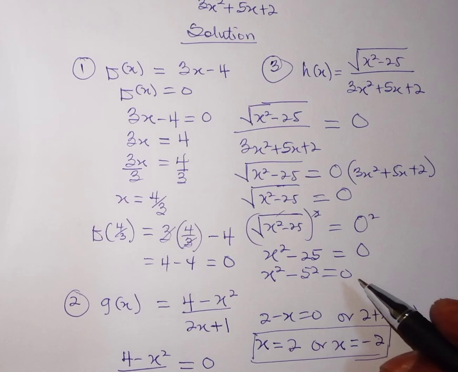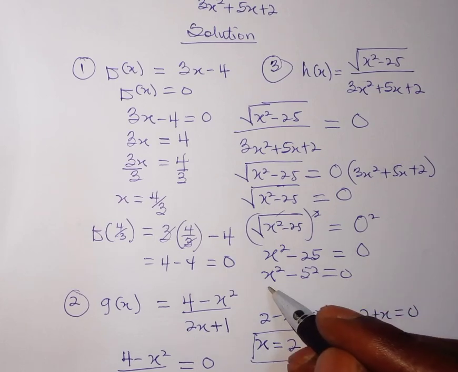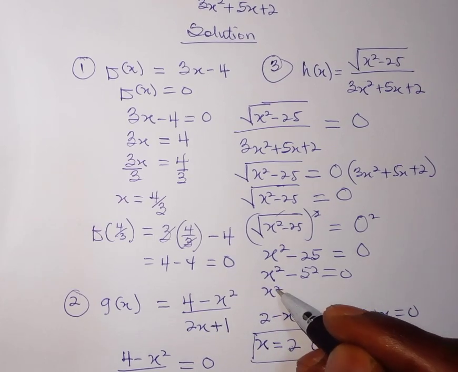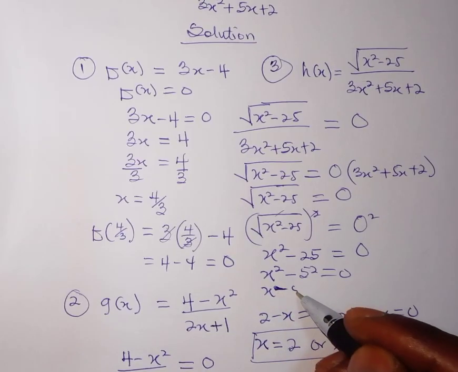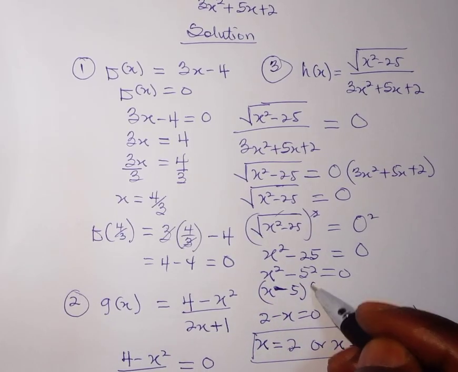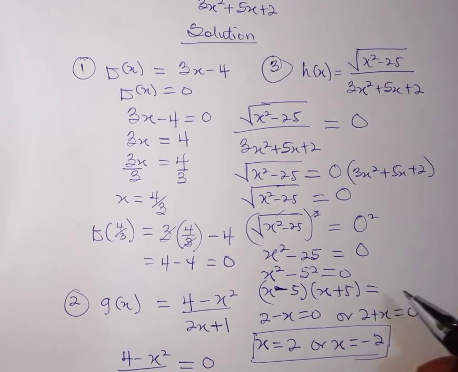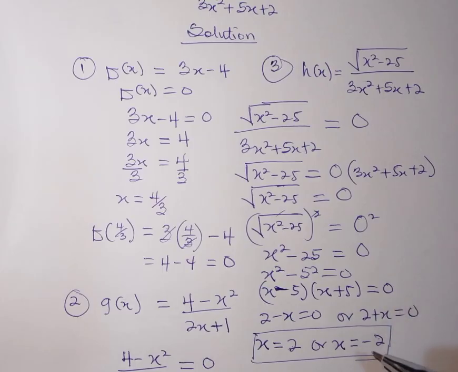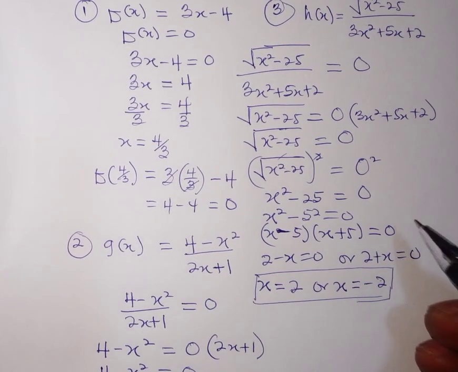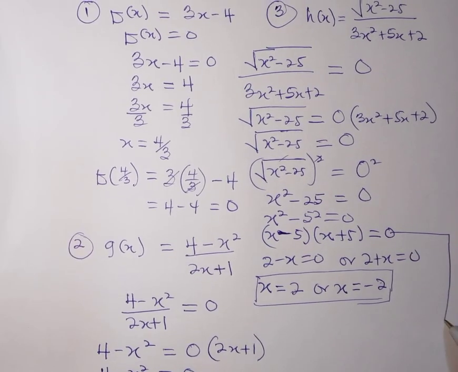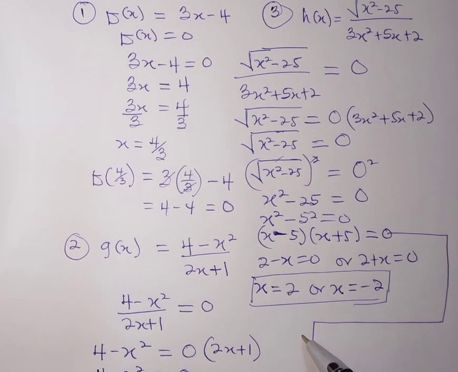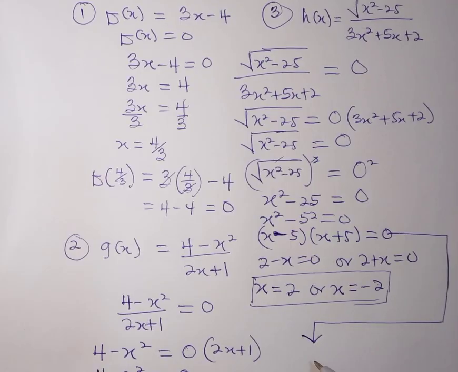And then I can have x minus 5 and x plus 5 is equal to 0. So this is what I'm going to solve. I'm going to continue down here.